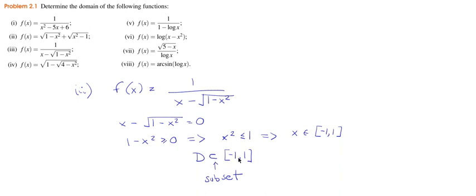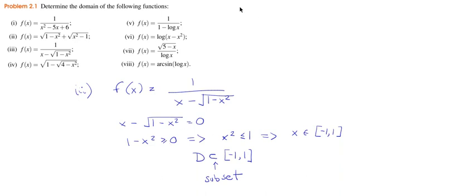So it's something between -1 and 1. Now we have to solve this thing. So D will be this interval without the values that make this 0.